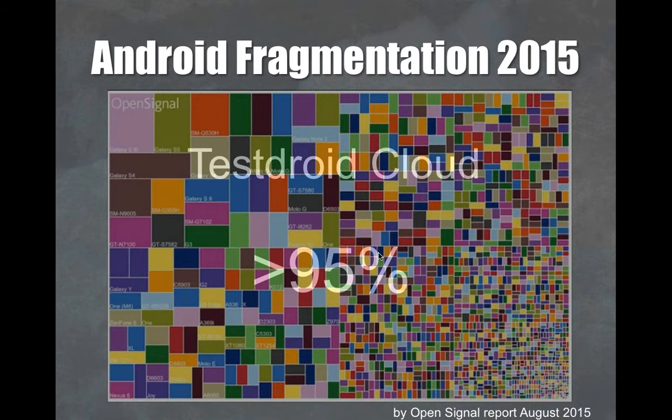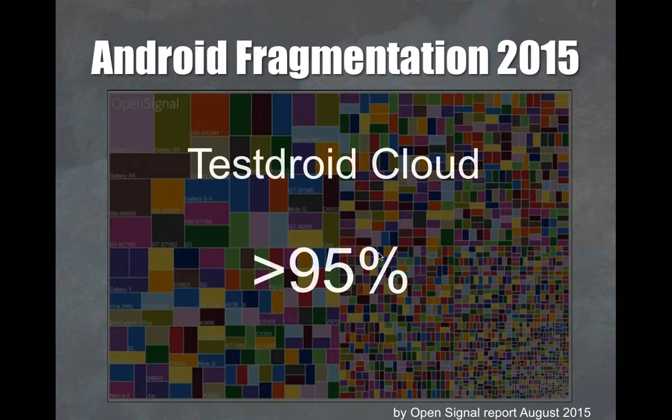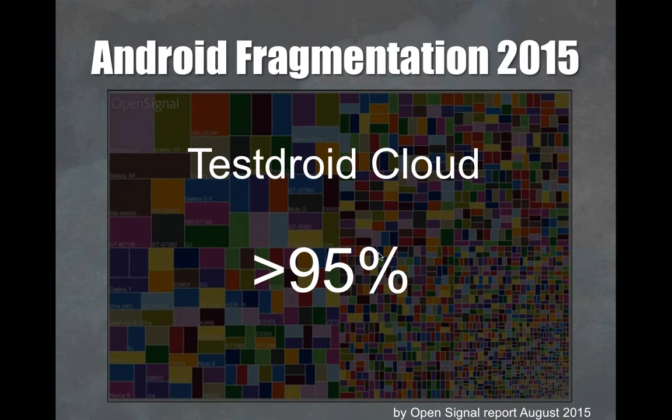You have to see that there are a lot of devices in this ecosystem. There are even hundreds of relevant devices. If you want to tackle 99% of the market, you have to run on hundreds of devices. We counted that Testdroid Cloud covers over 95% of these devices. We constantly have these devices online and accessible for you.